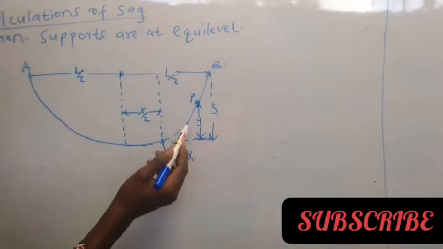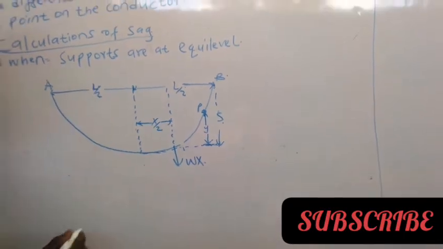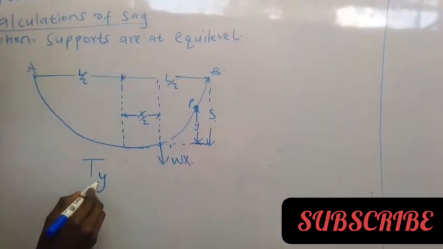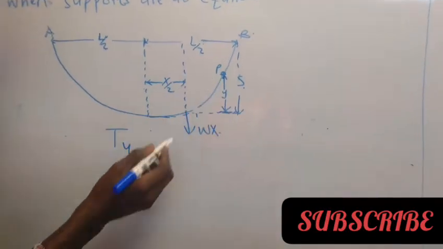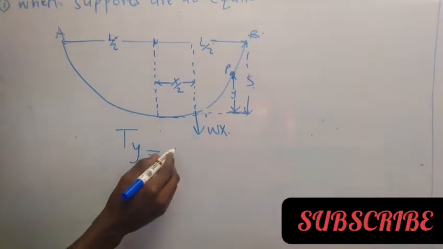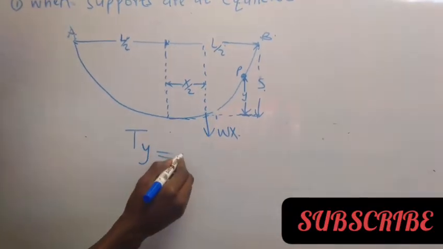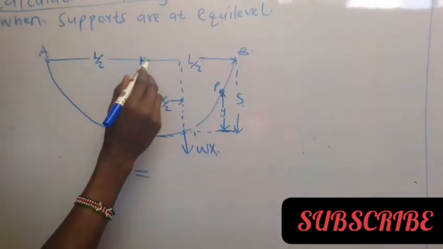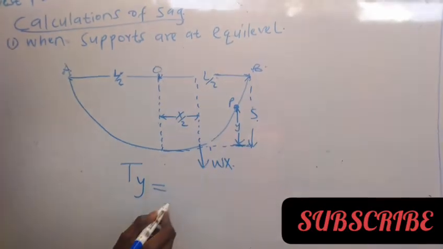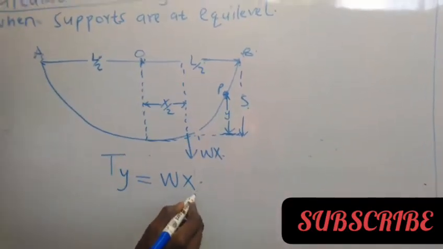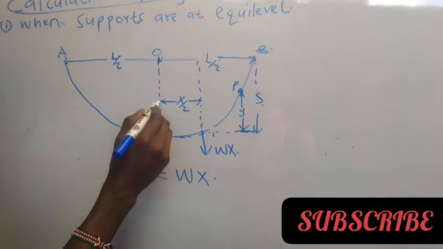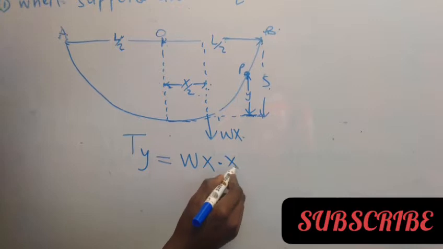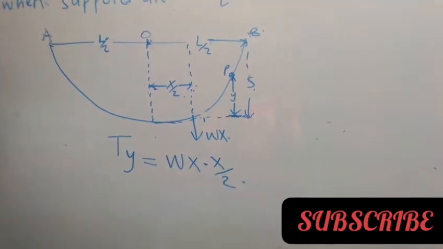representing the force times the tension. So we can say that torque times that y at that point P is equal to the weight of the conductor at the midpoint from 0 to P. So we have Wx times the distance, which is half the distance, x over 2.